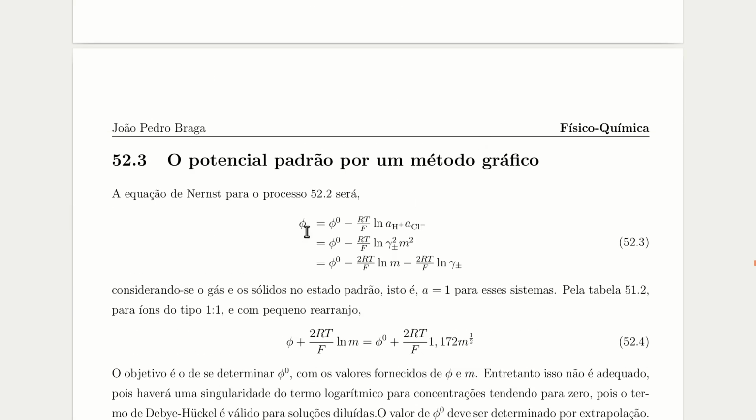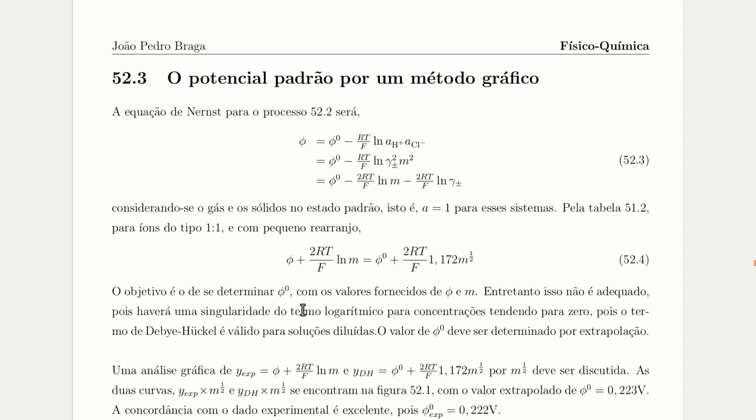So I get this expression, which is equal to that. If we expand it, we get this one, and if you move this to the left side, we end up with an expression that involves only experimental results on the left and the theoretical results on the right.